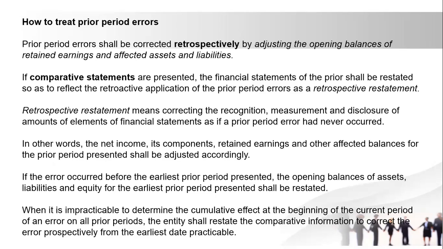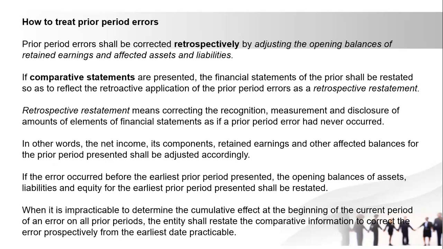How to treat prior period errors. Prior period errors shall be corrected retrospectively by adjusting the opening balances of retained earnings and affected assets and liabilities.